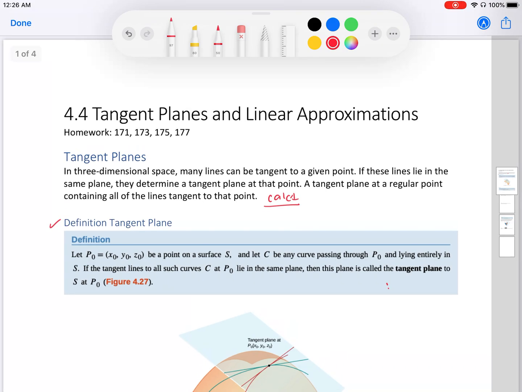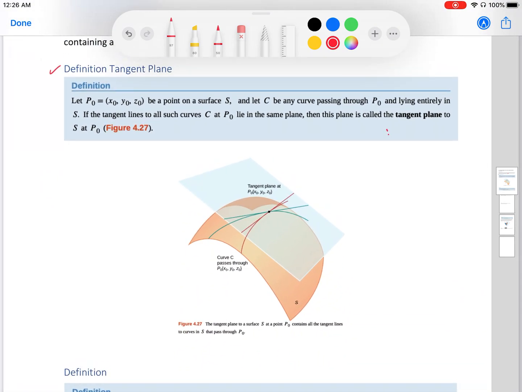Definition of a tangent plane. Let P0 equal (x naught, y naught, z naught) be a point on surface S, and let C be any curve passing through P naught and lying entirely in S. If the tangent lines to all curves C at P naught lie in the same plane, then the plane is called the tangent plane to S at P naught.